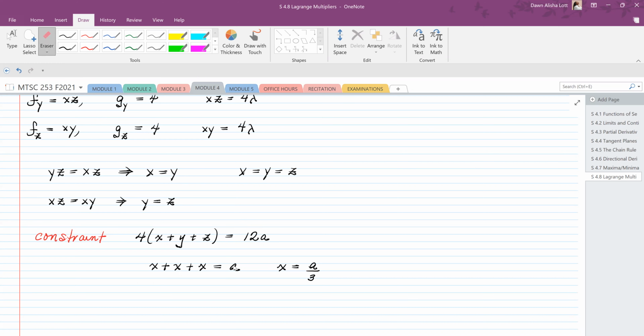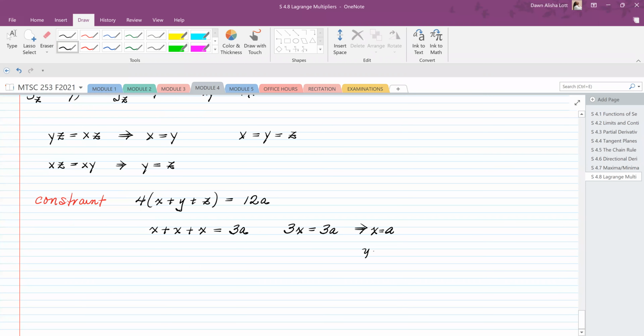So now I get 3a, so 3a is equal to 3x. So x is equal to a. But that also means y is equal to a, and it also means z is equal to a.